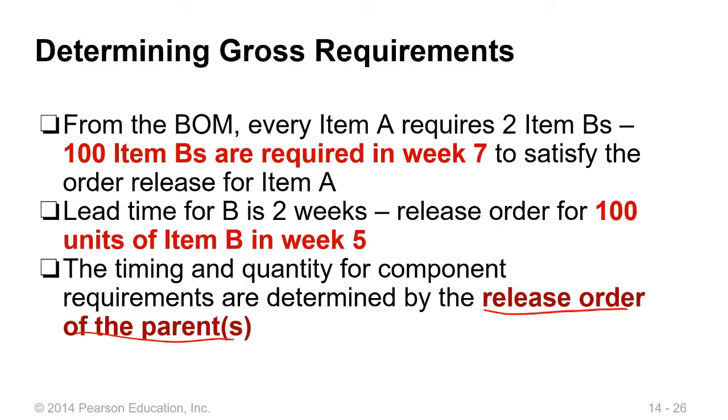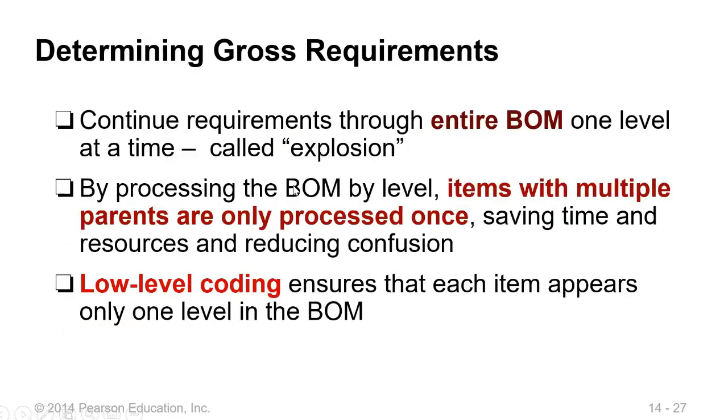It's not necessarily the final item. It is actually a child to a parent, and then the parent becomes the child to another parent. So if we do it correctly, we will continue through the entire bill of material, one level at a time. And this process is called explosion.